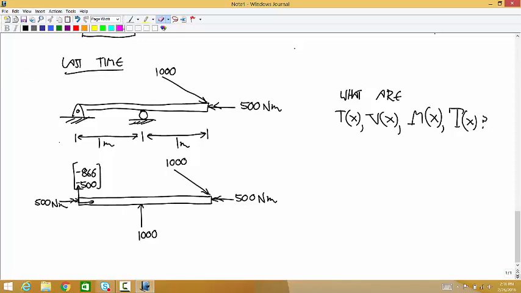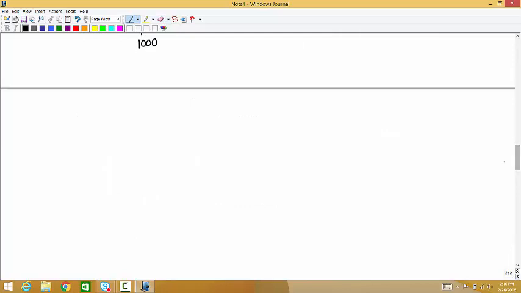Okay, so I'm going to go through the internal loads, but first let me give just a set of general steps for solving these kinds of problems. So general steps for internal loads problems.